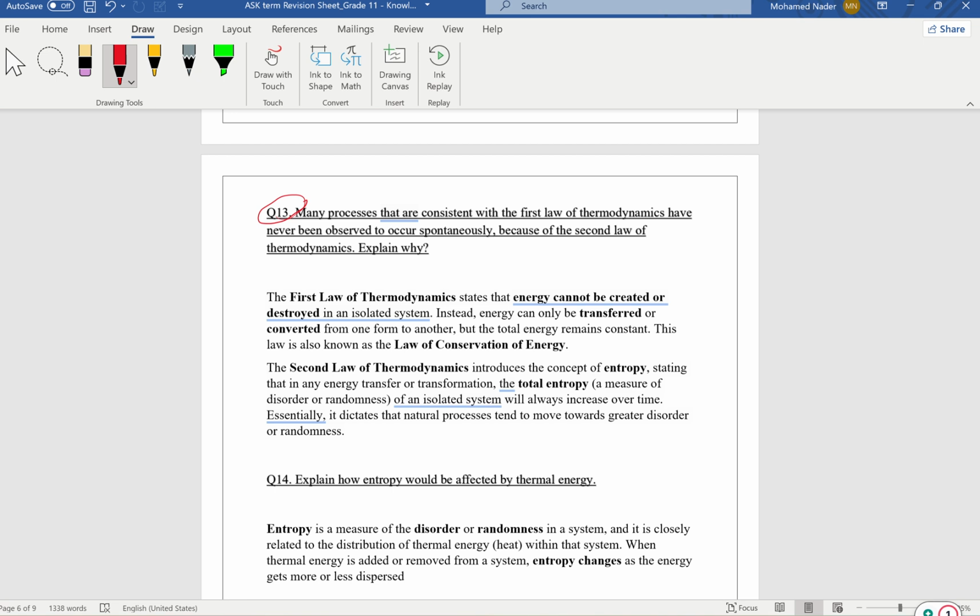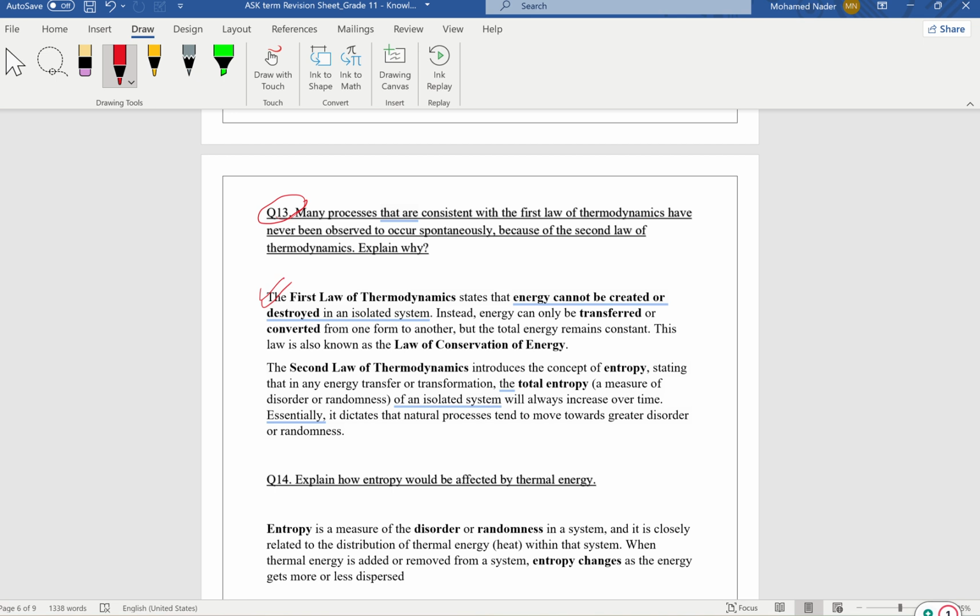This is the first law of thermodynamics, which means that if I have 5,000 joules inside a room, it cannot be 5,100 or 5,200. It will remain the same. It cannot be increased, it cannot decrease, as long as it's inside an isolated system.